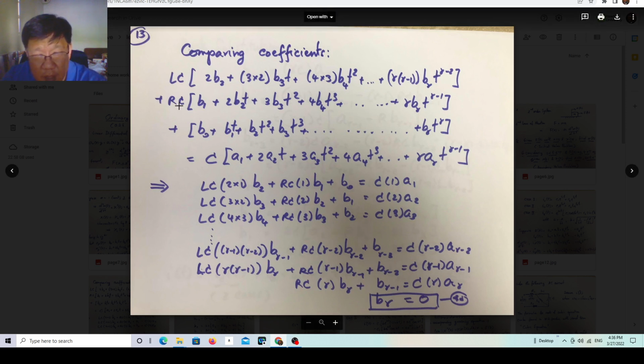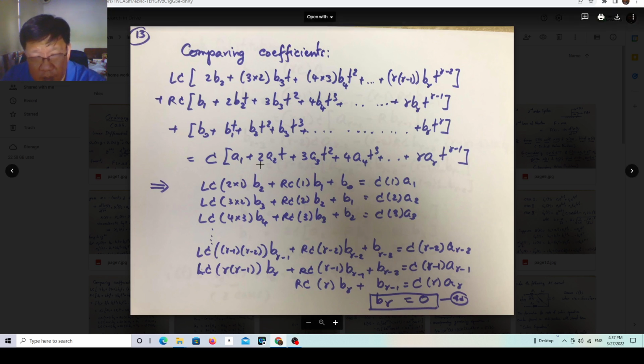For this one, the RC, t to the r minus 2 becomes r minus 1, because t to the r minus 1 becomes r times b r. So t to the r minus 2 becomes r minus 1 times b r minus 1. And then you get constant LC multiplying every term here. And the last term is really a constant: b0, b1, b2 up to b to the r minus 2.